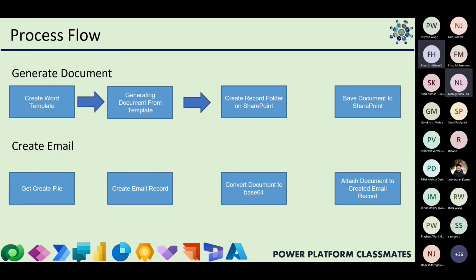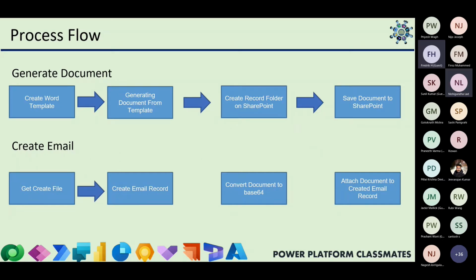We'll create a folder in SharePoint using Power Automate, and see how to handle the folder structure, how SharePoint generates folder structure for entities and so on, and save the Word document we generate into SharePoint.